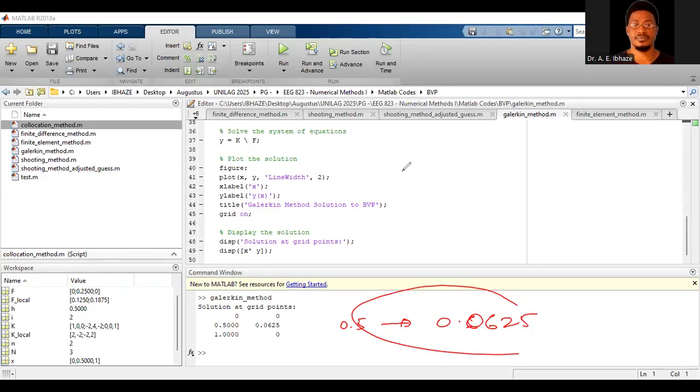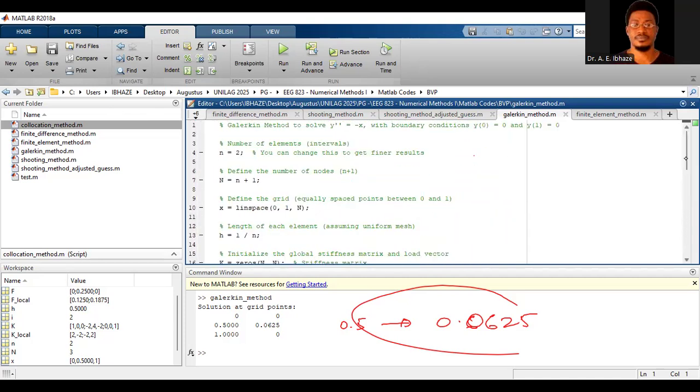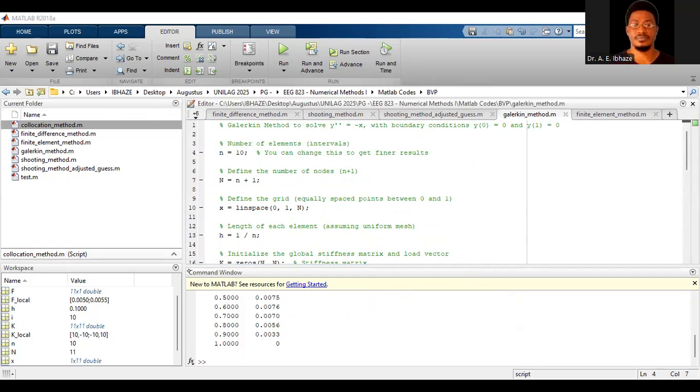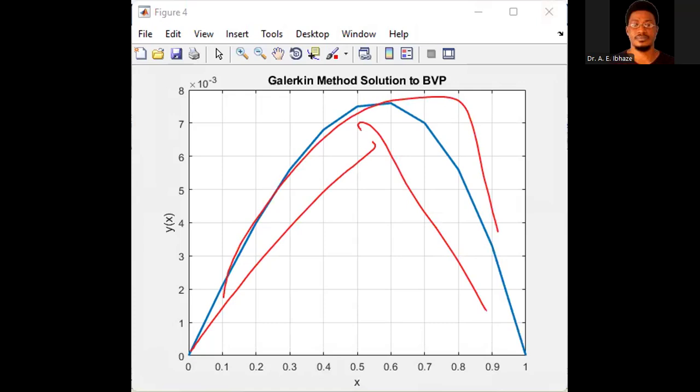Now, if we modify the time step to say 10, we observe an approximation that looks something like this.